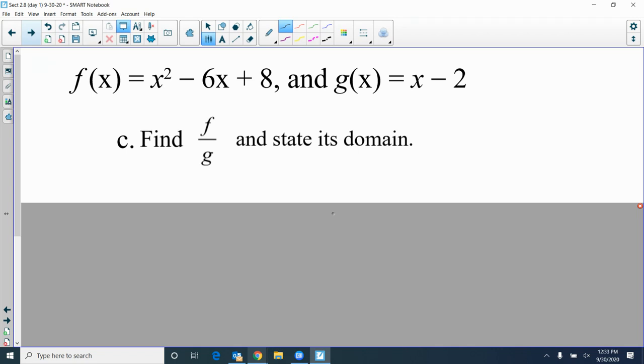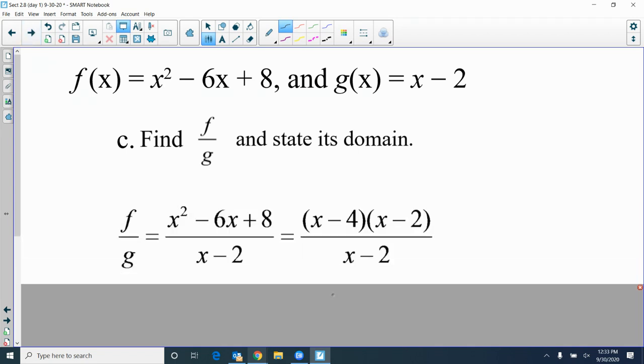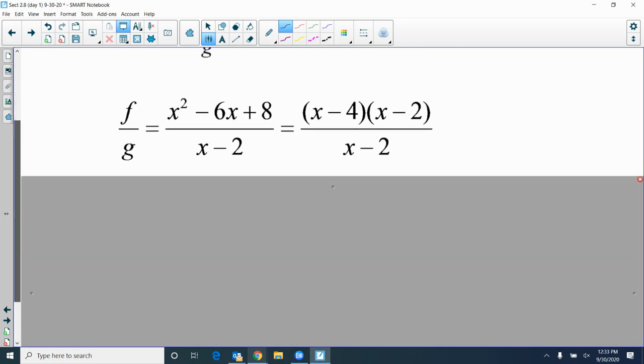You've got to factor the numerator to see if anything will cancel. You always have to do that when you have a division case. So factor x squared minus 6x plus 8. And let's see, that will factor into x minus 4 times x minus 2.